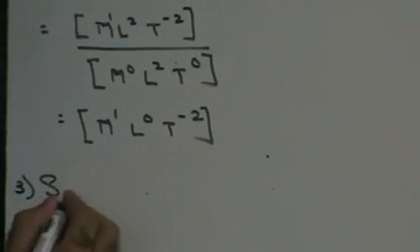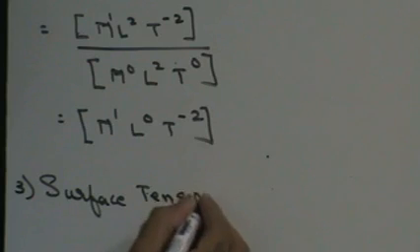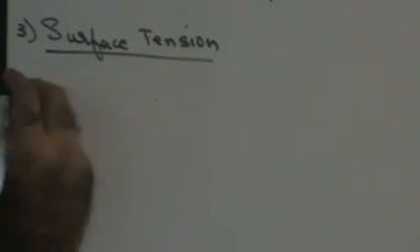What do we understand by surface tension? Surface tension is defined as the tangential force per unit length in the plane of the liquid surface. What is surface tension?